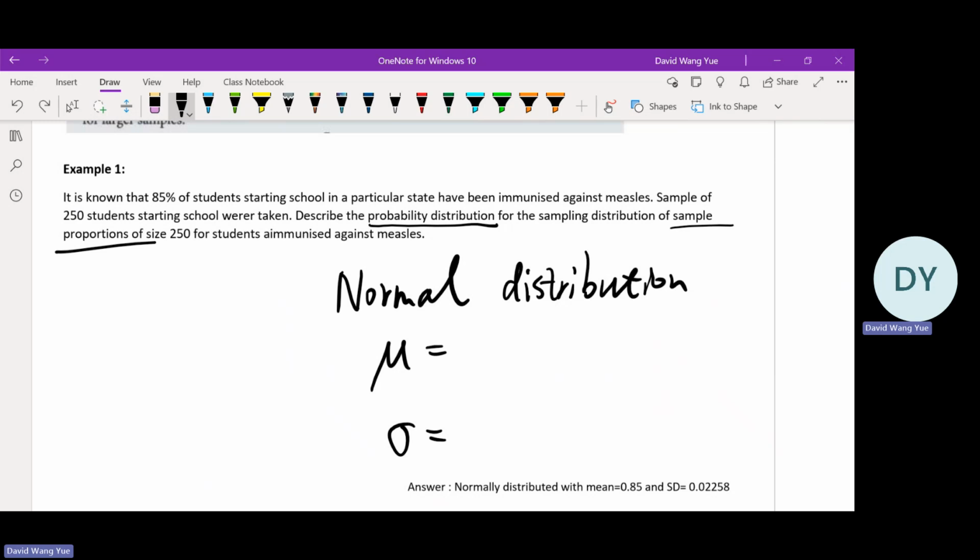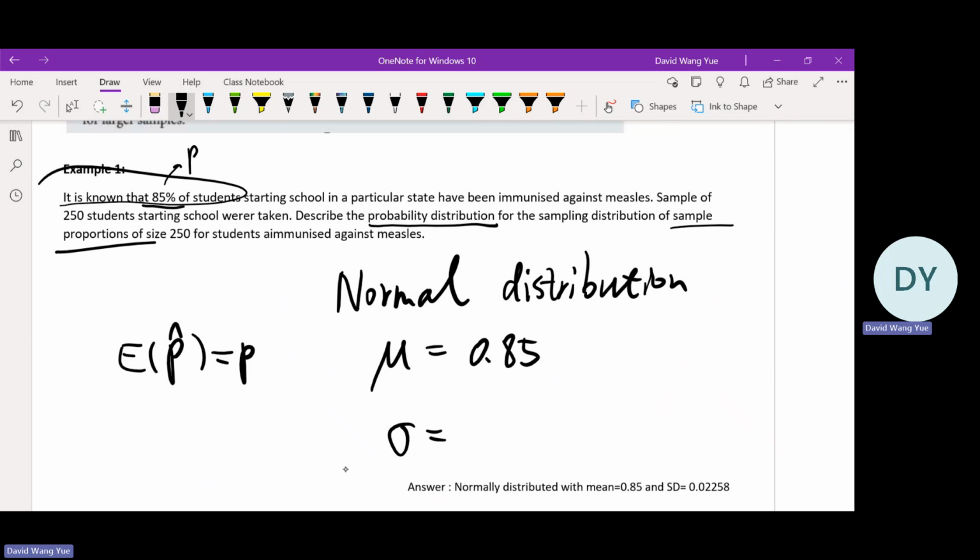The mean: remember previously we learned the mean of p hat is p. So here the mean is 0.85, since 85% is the population proportion. It is known that 85% of students, so this is not 85% from a certain sample. This is known to be 85% of all students in this particular state.